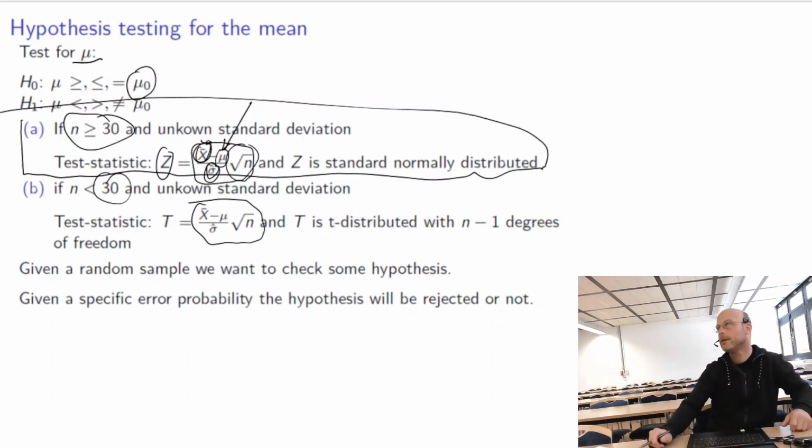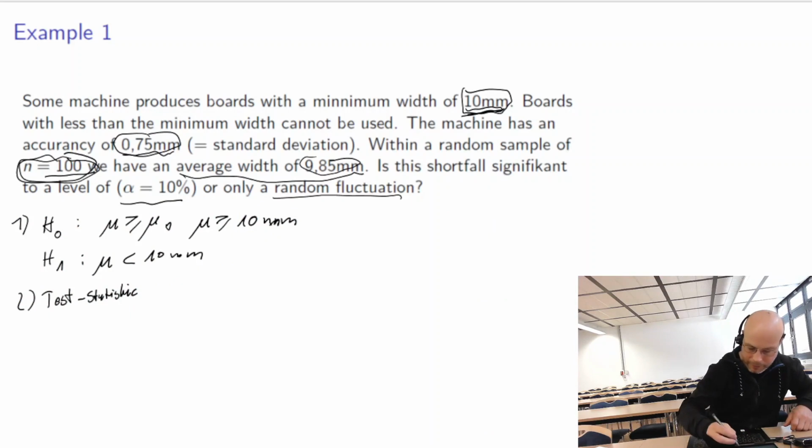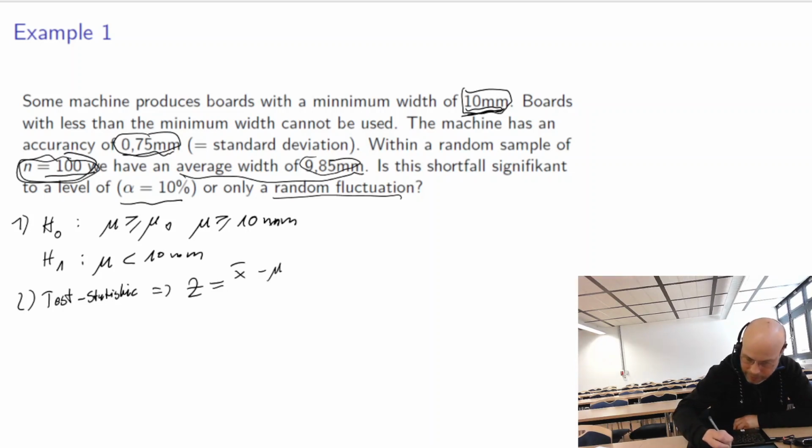This is more or less the rule of thumb that then we can assume the normal distribution. And so we calculate z is x bar minus mu over sigma hat times square root of n. So that equals x bar minus mu 0, putting in the number from my null hypothesis, over sigma hat times square root of n.